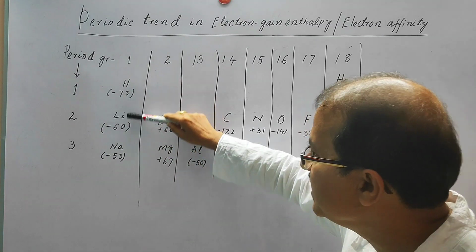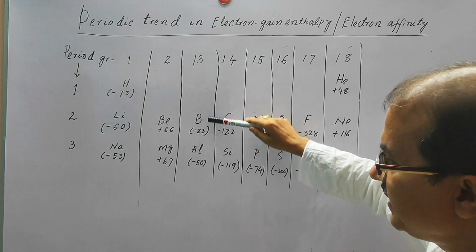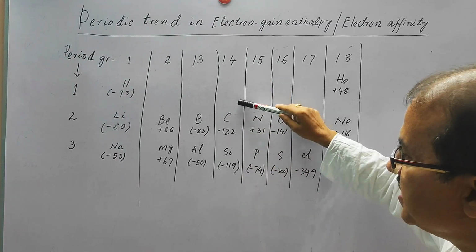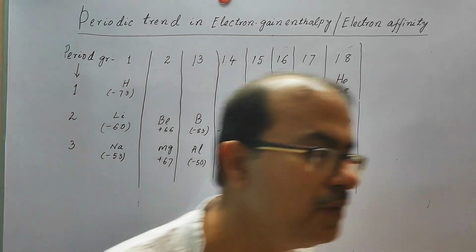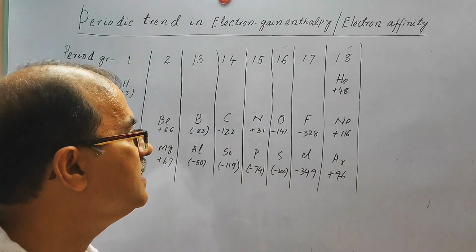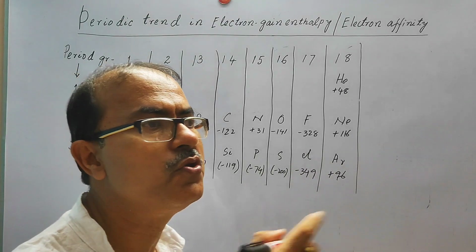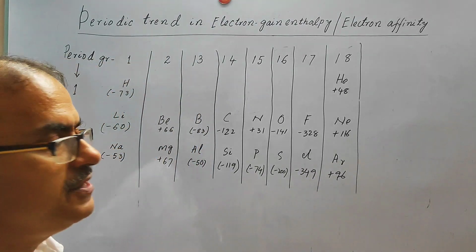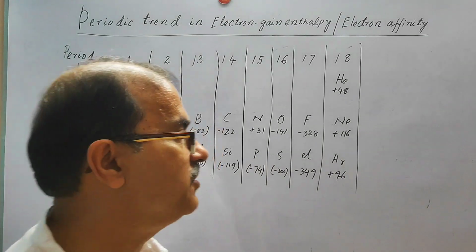In group number 13 also you can see a decreasing trend. Decreasing means as we go down the group, the electron gain enthalpy is much less negative. As we go across the period, the electron gain enthalpy is much more negative.